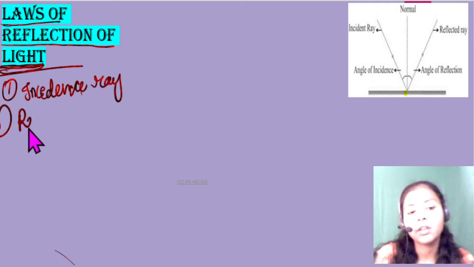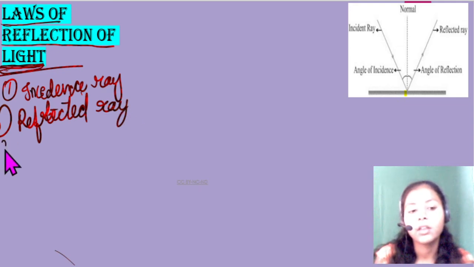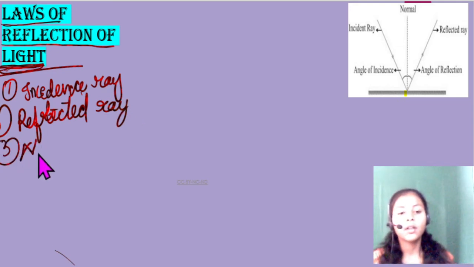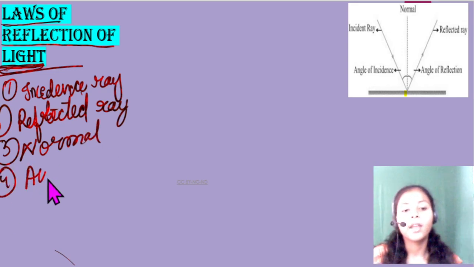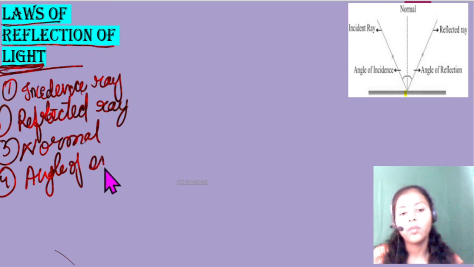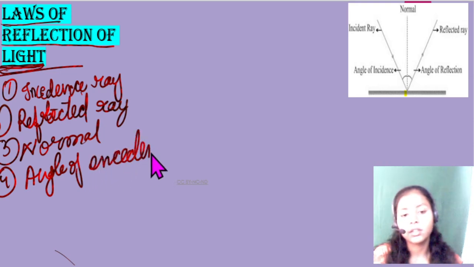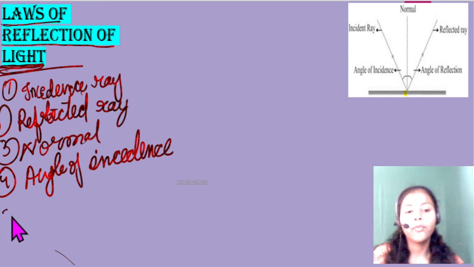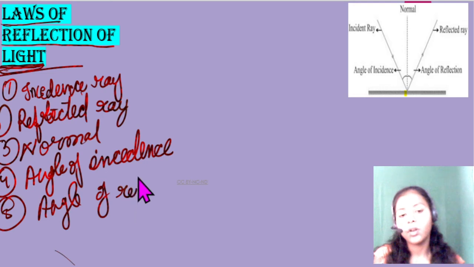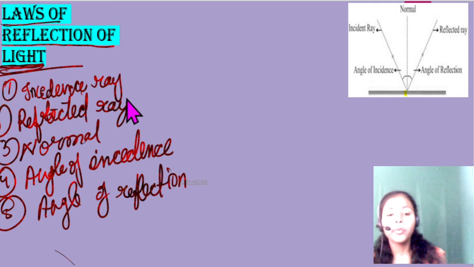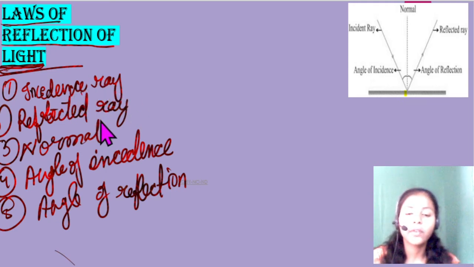Second one is reflected ray. Third one is normal. Fourth one is angle of incidence. Fifth one is angle of reflection. So these are the topics which we have to read before starting the laws of reflection of light.